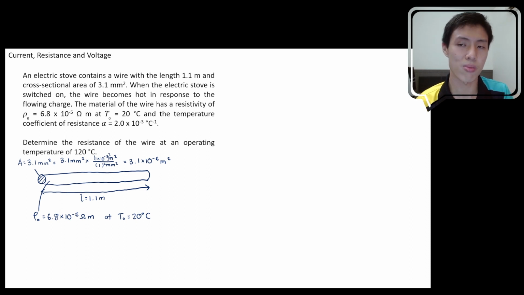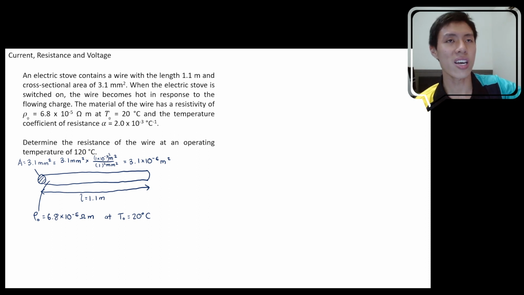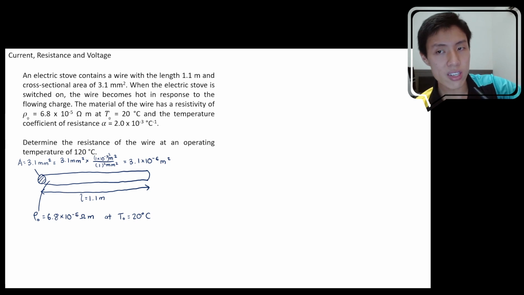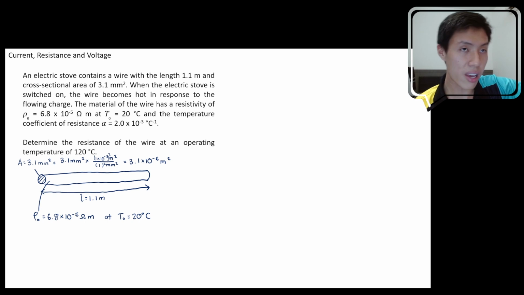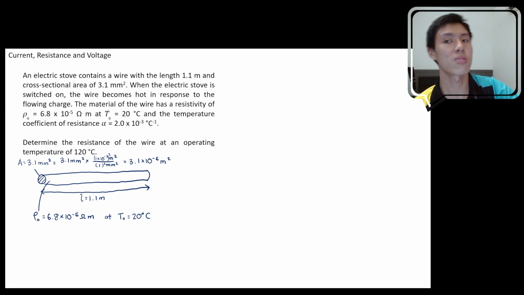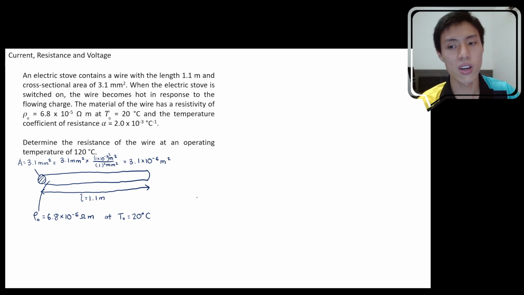So it usually has to go from 20 degrees Celsius to a new temperature, or from another temperature to 20 degrees Celsius. The 20 degrees Celsius has to be involved, because this is what we call the reference temperature.